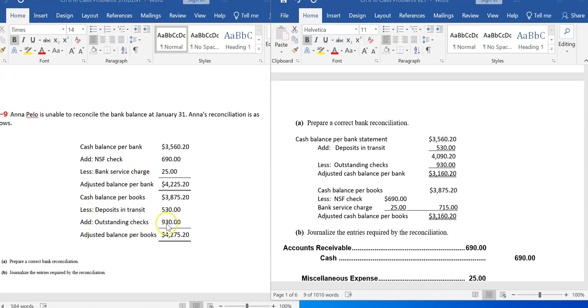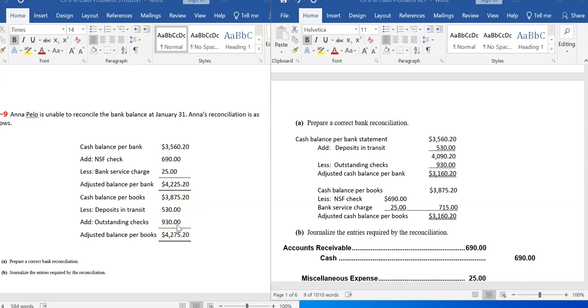Finally, it looks like there's outstanding checks here on the book side of the reconciliation. Again, on the wrong side of the reconciliation. Outstanding checks are checks that the company wrote. When the company wrote those checks to pay for supplies or some purchase, they decrease the balance in the books.